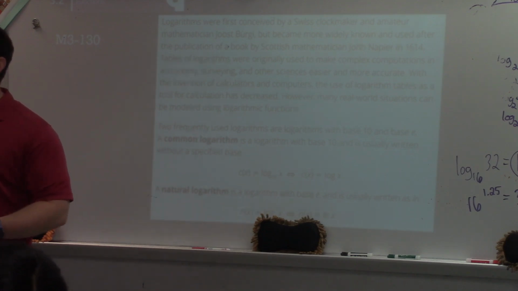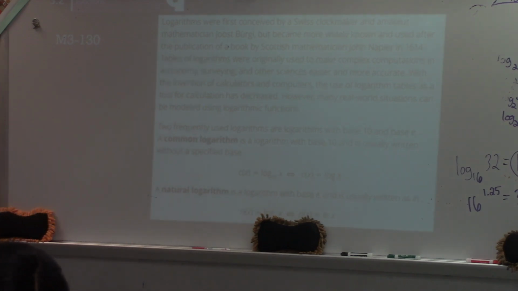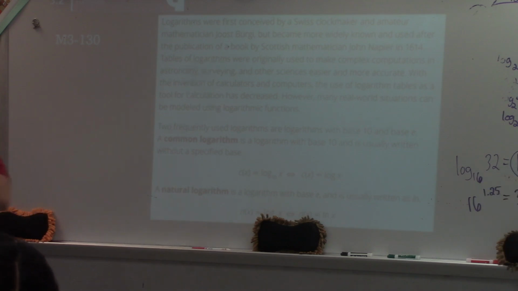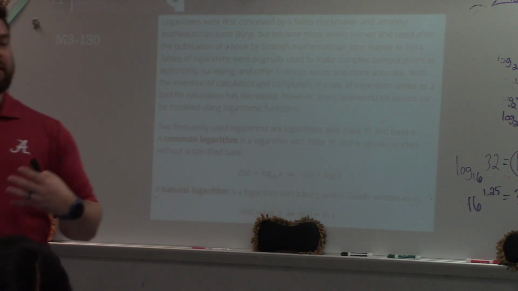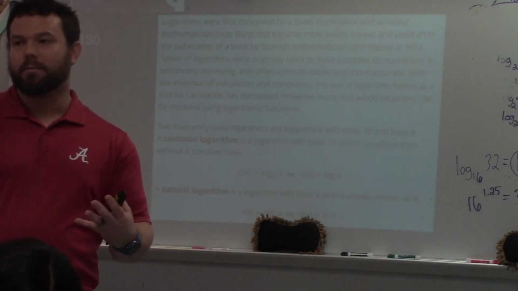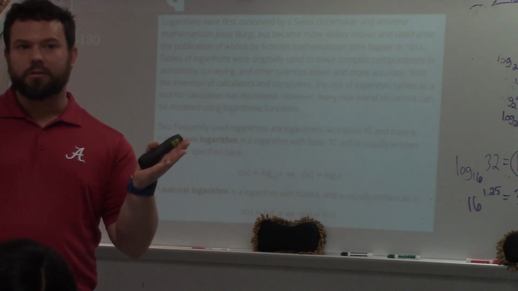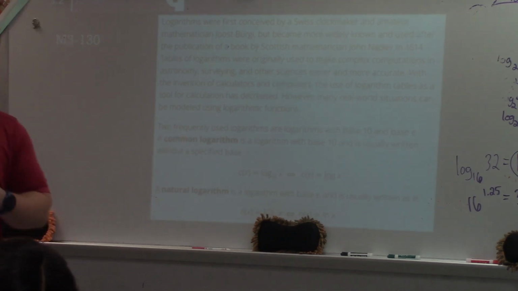There are some properties that we're going to talk about tomorrow, hopefully, that made working with astronomy and the sciences really easy, because it made really big numbers really small. And I want you to think about that.